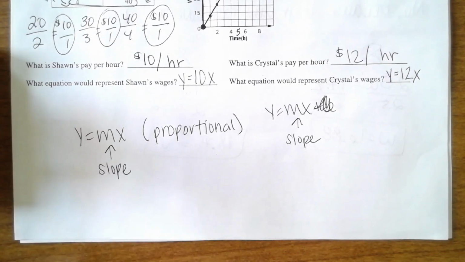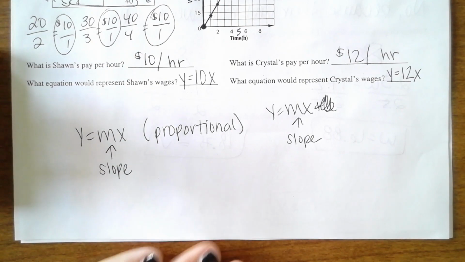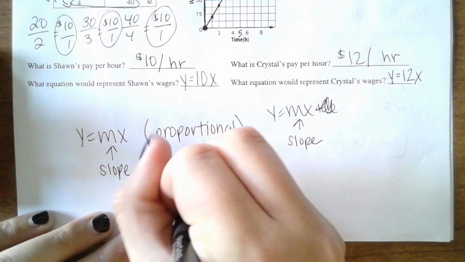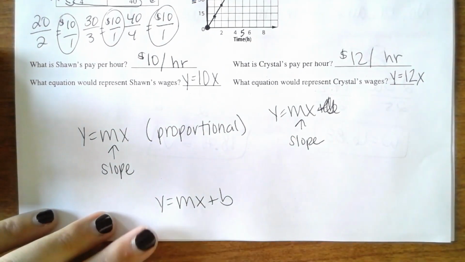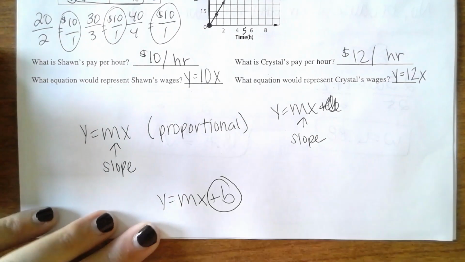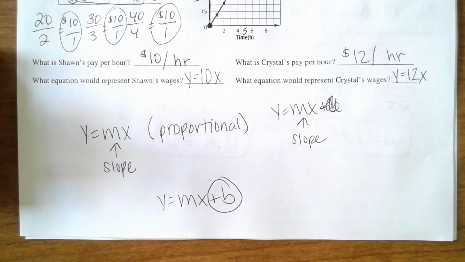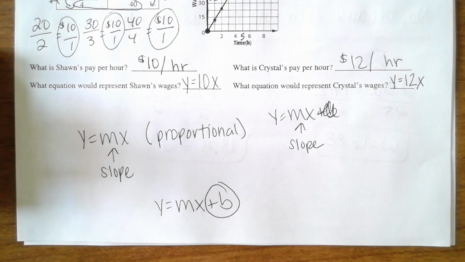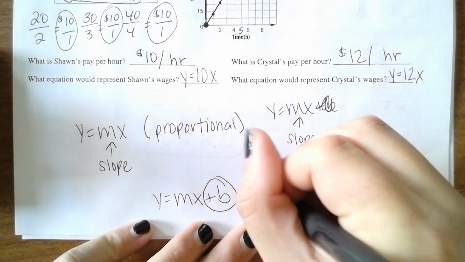There is another equation that you will learn next year, and it adds on to this y equals mx, and that equation is y equals mx plus b. And this plus b part, so if you see a plus something or minus something in your slope equation, this is what makes it non-proportional.